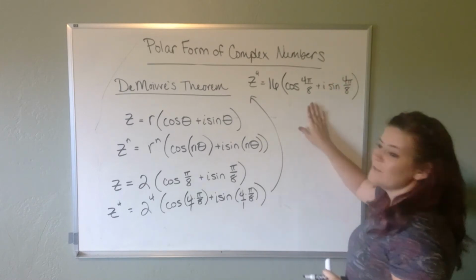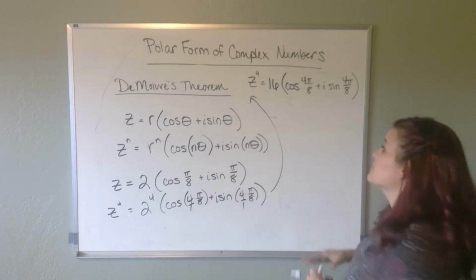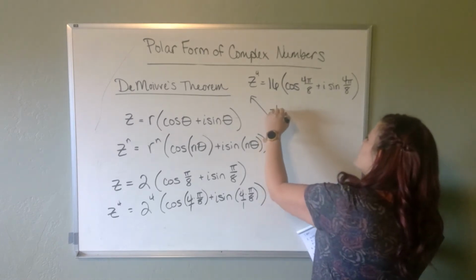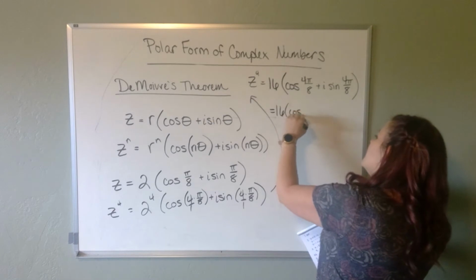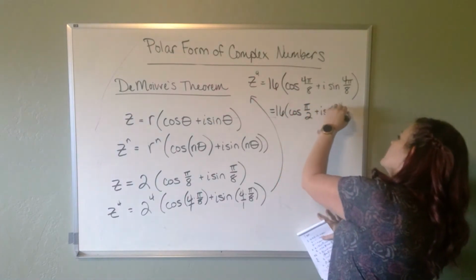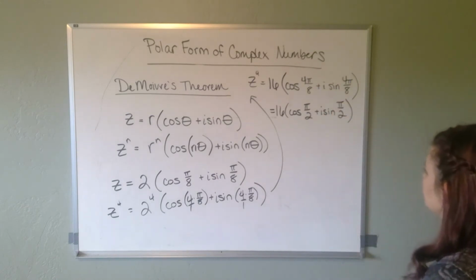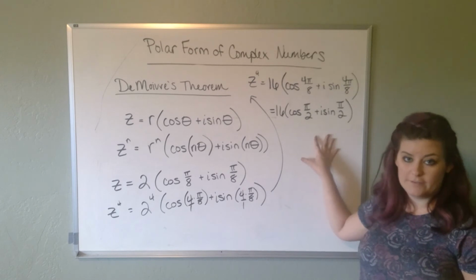But you guys, definitely don't leave it like this. You wouldn't leave it as 4 pi over 8. Let's reduce. So z to the 4th is 16 times the cosine of pi over 2 plus i sine pi over 2. And then this would be your final answer there.